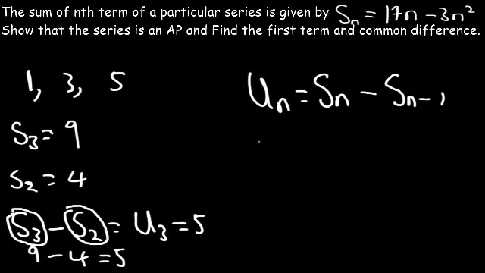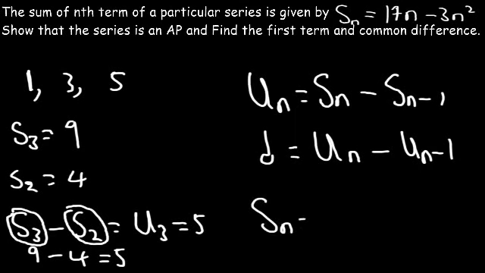Perfect. Now another one I want to show you. You might already be familiar with that. You notice that the value of d is also equal to U sub n minus U sub n minus 1. Okay, that's exactly the common difference. Now, I'm already given S sub n in this problem to be equal to 7n minus 3n squared.